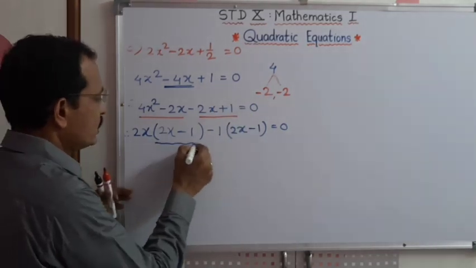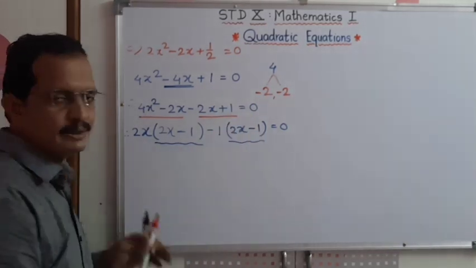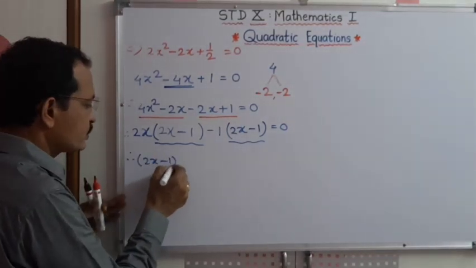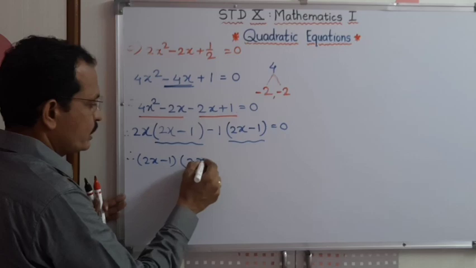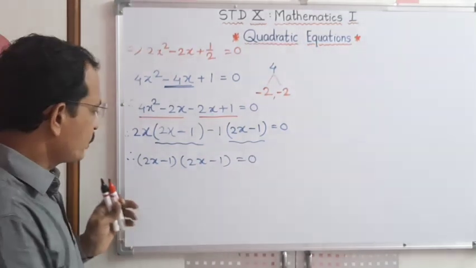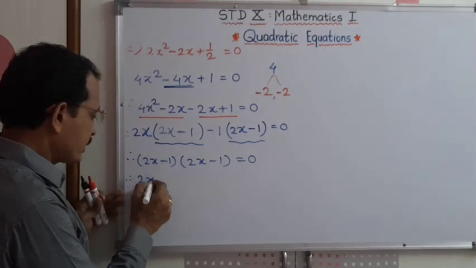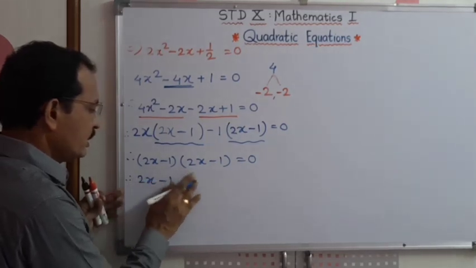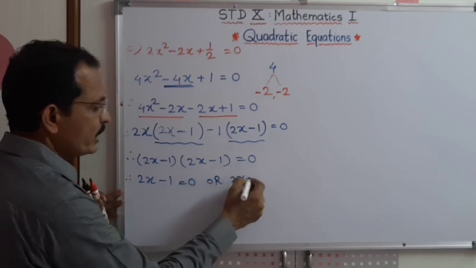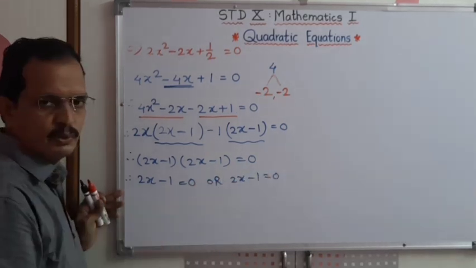Now see, students, these two are the same brackets. Now we can write here 2x minus 1, and here 2x minus 1 equal to 0. The multiplication of these two brackets is 0, therefore 2x minus 1 is equal to 0, or 2x minus 1 equal to 0.